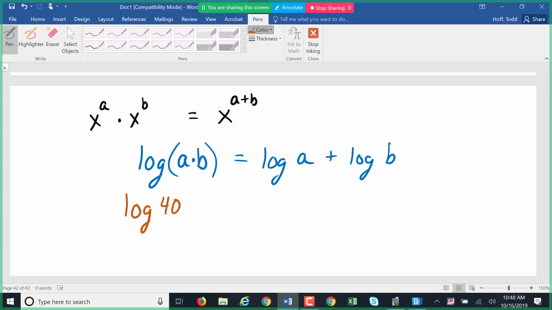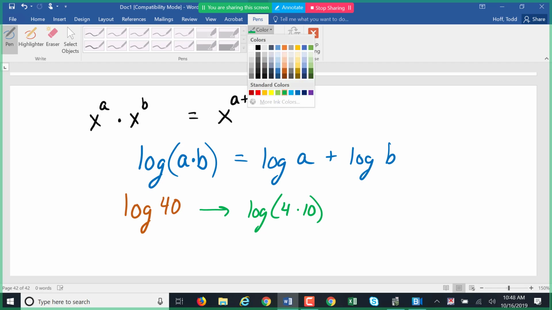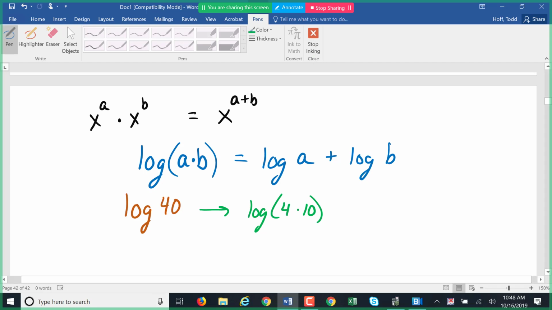I can separate that into log of 4 times 10. And then I can further separate that as log of 4 plus log of 10.